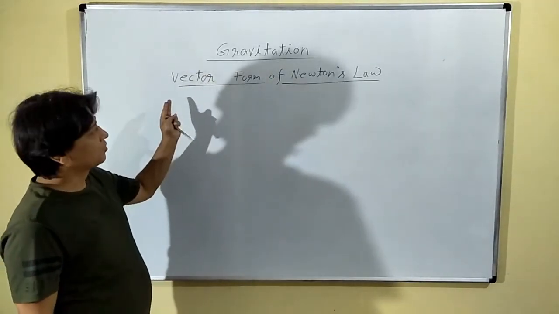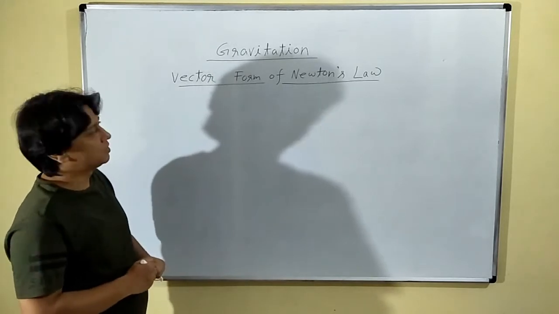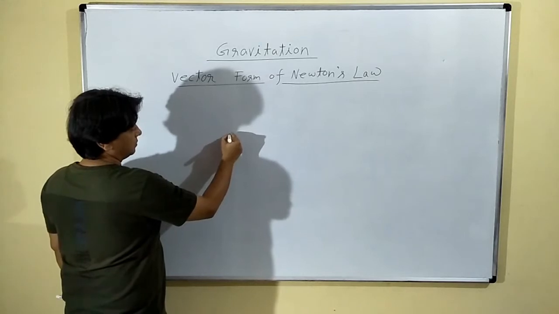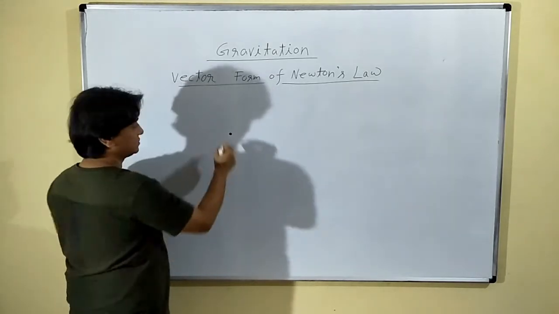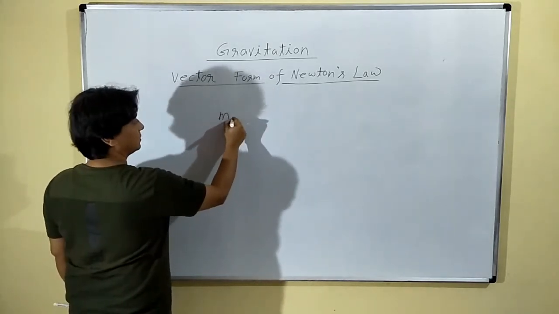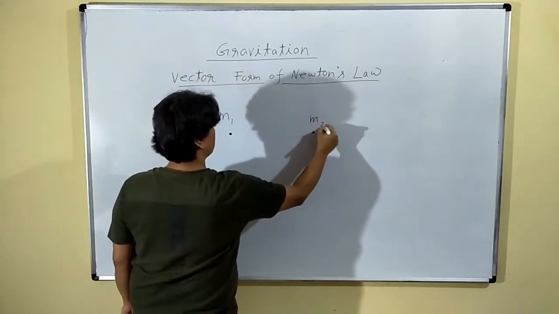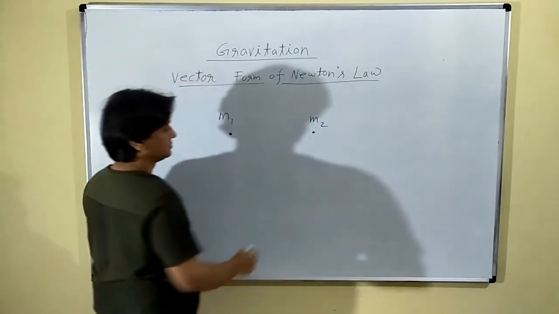Let's see vector form of Newton's law. So far we have seen this: m1 and m2, two point masses.